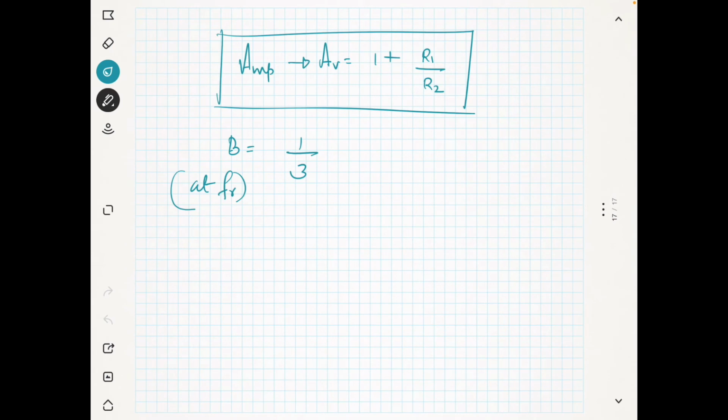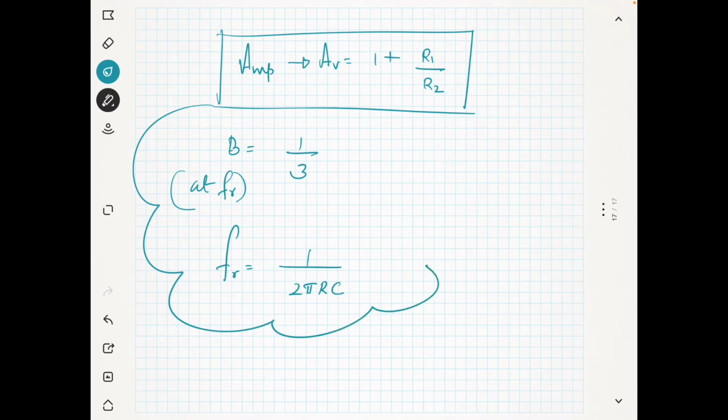Now AV into B is equal to 1, but that is not enough for starting at the initial stage. At the resonant frequency, it is given as 1 by 2 pi RC. So these are all the formulas related to the Wien bridge oscillator.